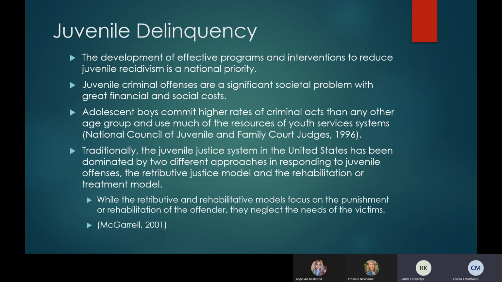Traditionally, the juvenile justice system in the United States is dominated by 2 different approaches. These approaches are the retributive justice model and the rehabilitation justice model. While the retributive and rehabilitative models focus on the punishment or rehabilitation of the offender, they neglect the needs of the victim.